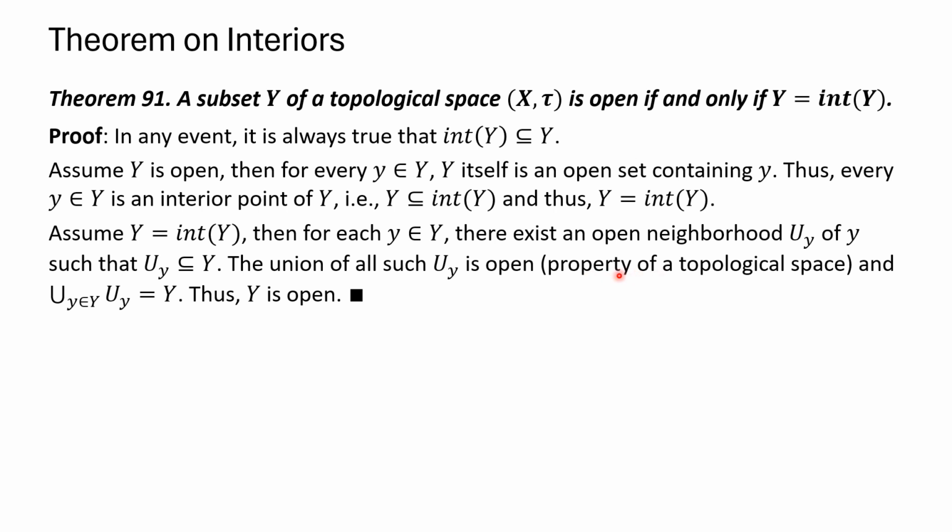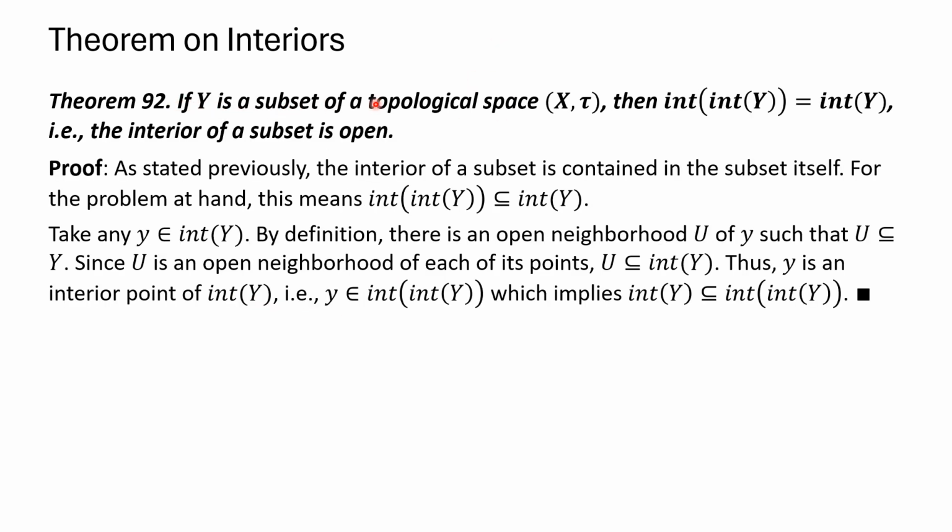That's just the definition of topological spaces: any union is again an open set. And thus we have that the union over all y, an element of Y, of these sets U sub y equals Y itself, since U sub y is a subset of Y, and every y is in one of these U sub y's. So thus Y is open.